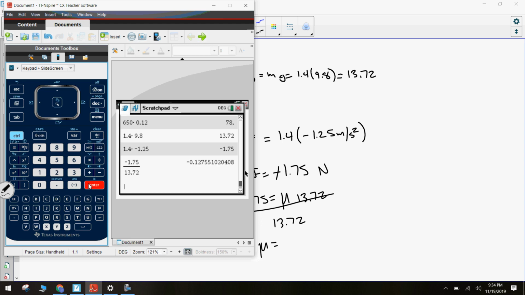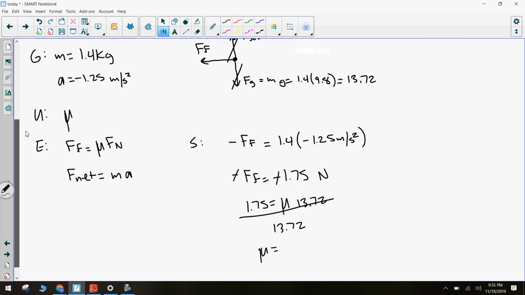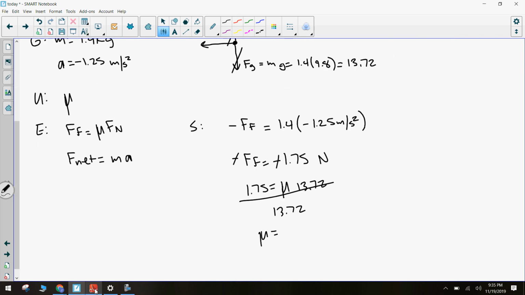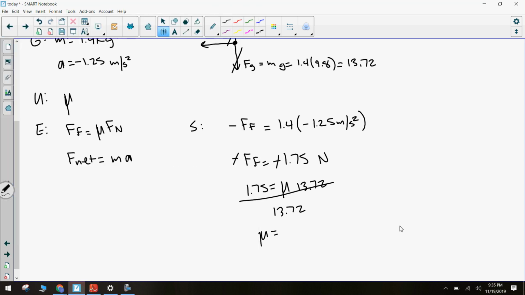Get 0.12755. Check my sig figs. I believe I've got only 2 right here for the 1.4 kilograms. So I need to round that to 2 sig figs. The 1 is significant, the 2 is significant. The 7 makes the 2 round up, so mu is 0.13.